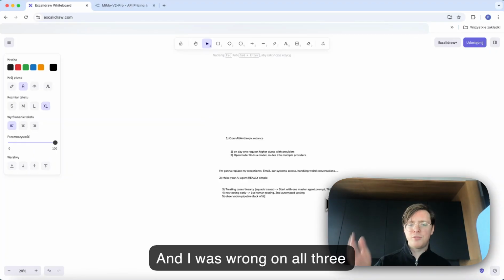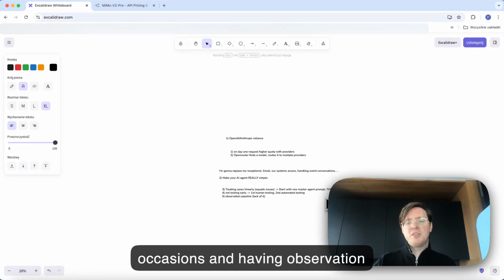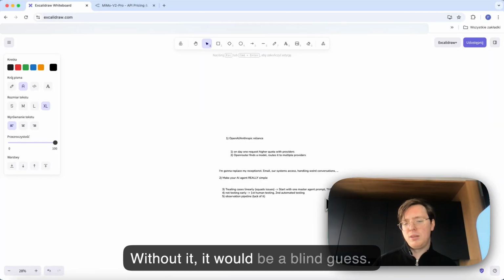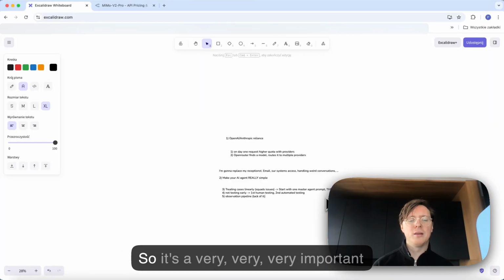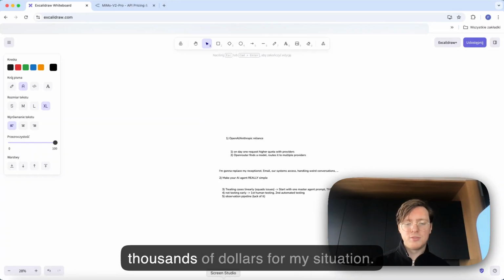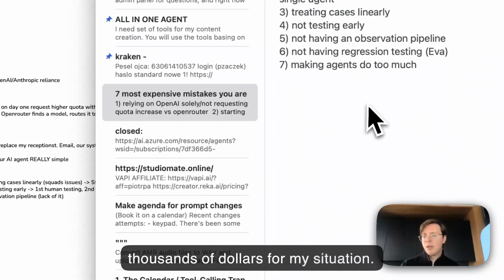And I was wrong on all three occasions, and having an observability pipeline helped me understand it. Without it, it would be a blind guess. So it's a very, very important step that saved thousands of dollars in my situation.